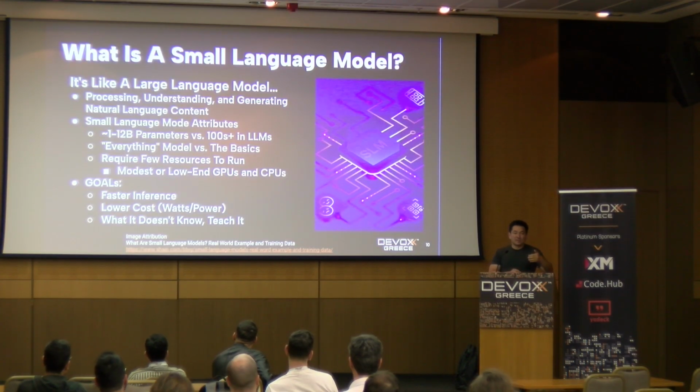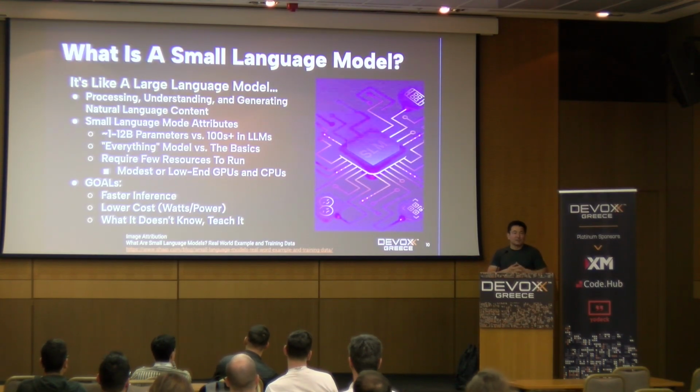The reason you reduce the number of parameters is that it's much cheaper to run these models versus these 100 billion parameter large language models. By doing that, you can use lower end GPUs, or even my MacBook here, where I'm going to use MLX, the Apple Neural chip.